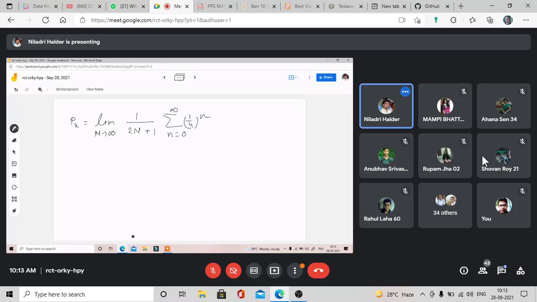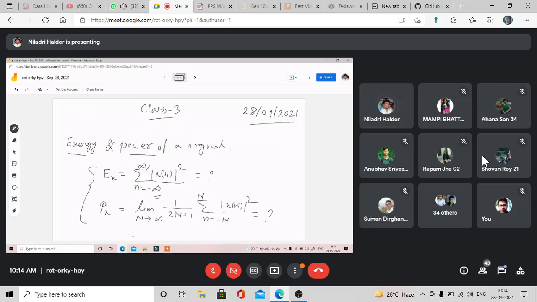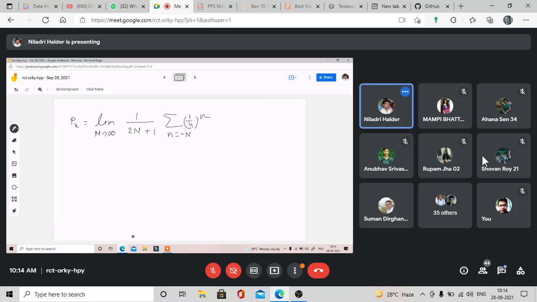Sorry, the formula is not 0 to infinity, it's minus N to N. Just check it. It is minus capital N to capital N.